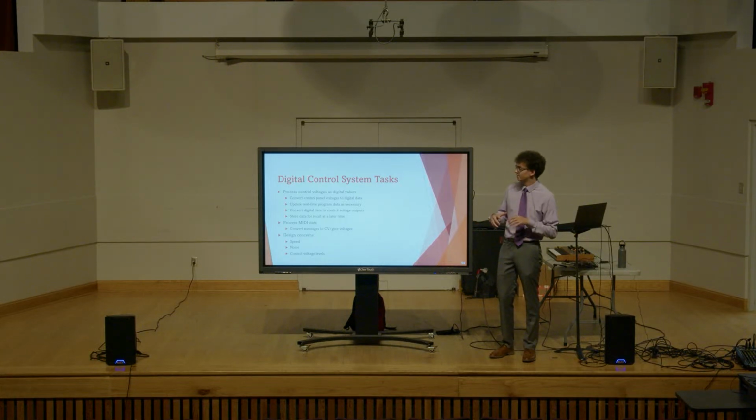And so the main concerns for a digital control system are speed, so you don't want it to lag behind at all. So when you turn a knob, it should sound instantaneous, like there's nothing between that knob and that analog circuit, even though there is a whole bunch of stuff there.